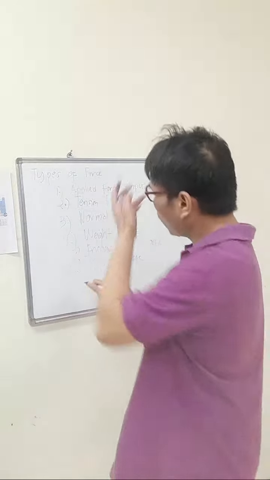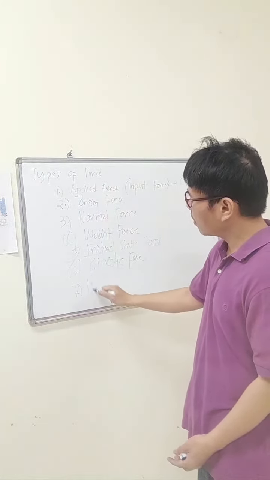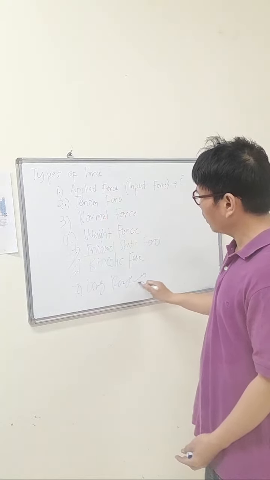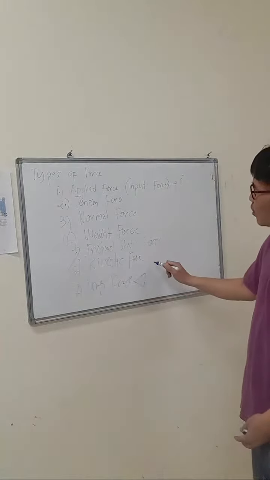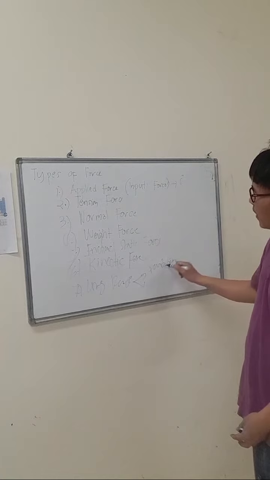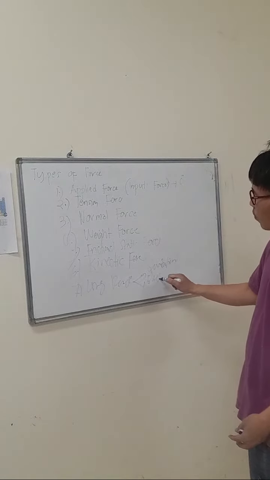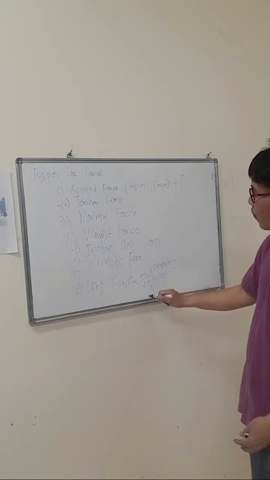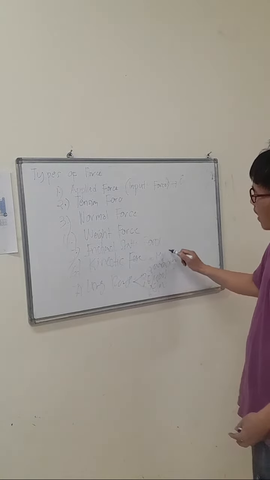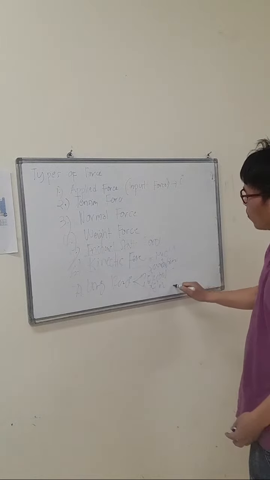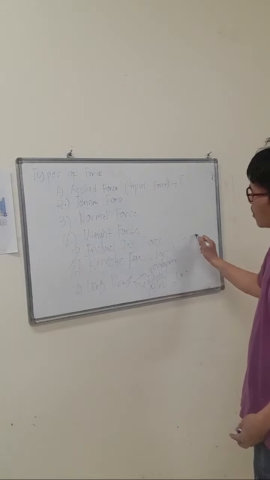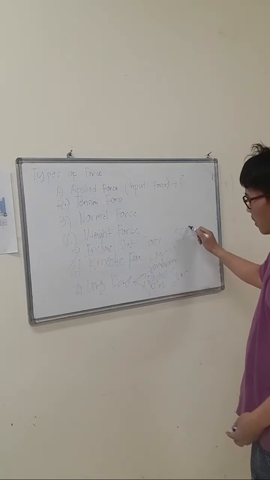Number 7. Long-range forces are composed of, okay, it's not that complicated, guys. We have the gravitational force, the electrostatic force, the electric force, the nuclear force, the magnetic force, the electromagnetic force, and the radiation forces.